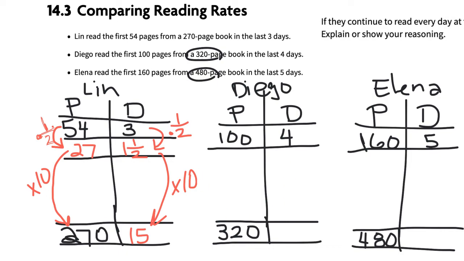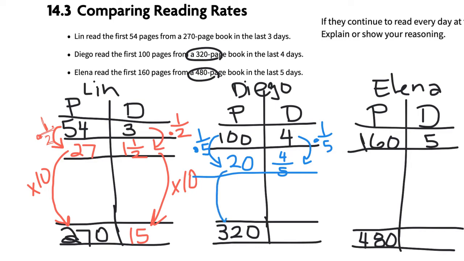So now let's do that same process for Diego. Let's divide by 5, so I'm going to multiply by a fifth, and that gives me 20 pages in 4/5 of a day.